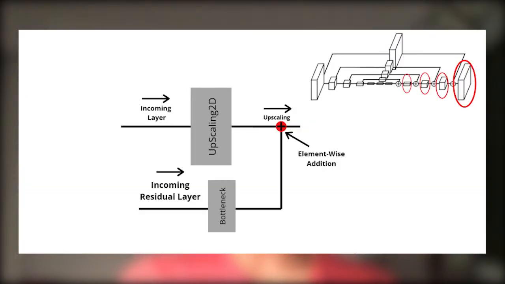We do this for all the layers in the decoding stage of the network. We upscale the previous decoded layer and combine it with the spatial information, like I said before, to get a better understanding of the input.